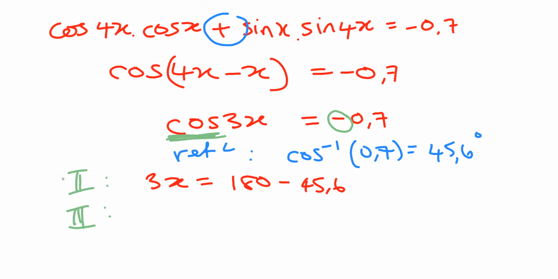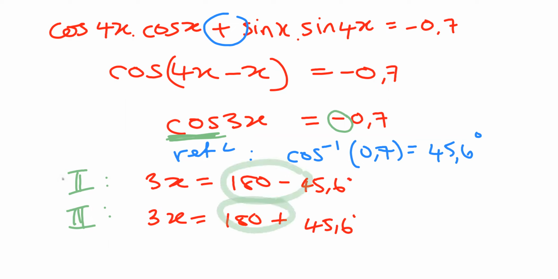For the next one, we'll have to say 3x is equal to 180 plus 45.6. If you are wondering where this 180 plus and 180 minus come from, it comes from the second and third quadrants of the reduction table. In the reduction table, the second quadrant is the 180 minus, and the third quadrant is the 180 plus. Okay, this is how we solve general solution questions.